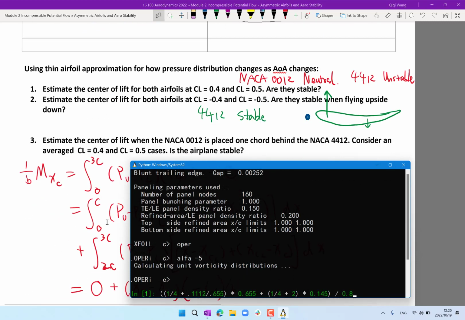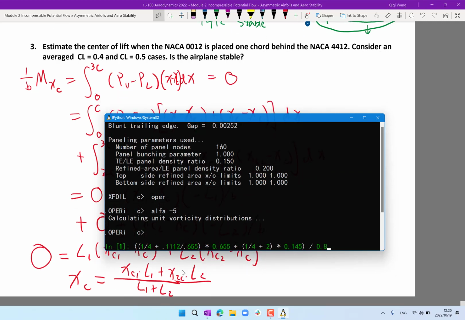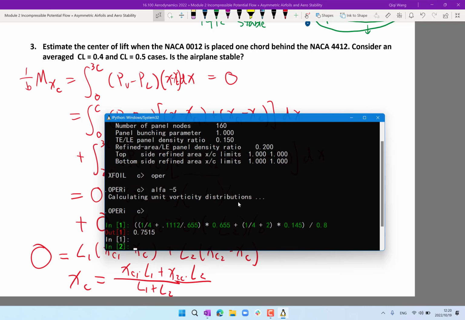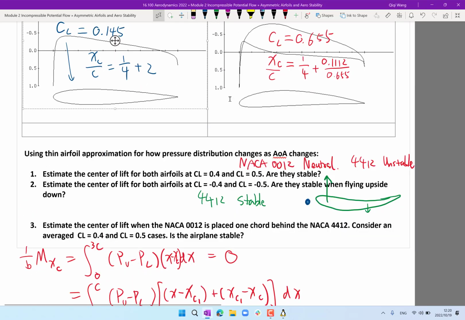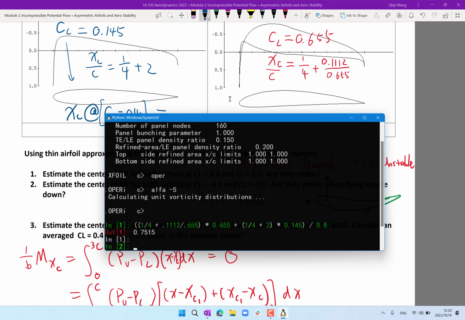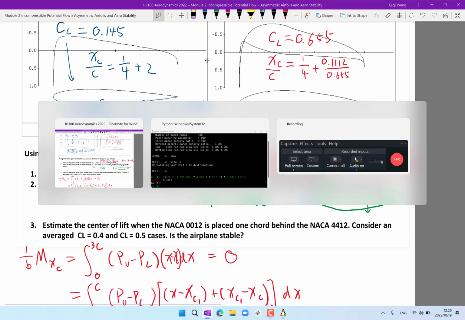So that's basically just this formula over here, right? Okay, so what we get is 0.7515. So XC at CL equal to 0.4 is equal to 0.7515.